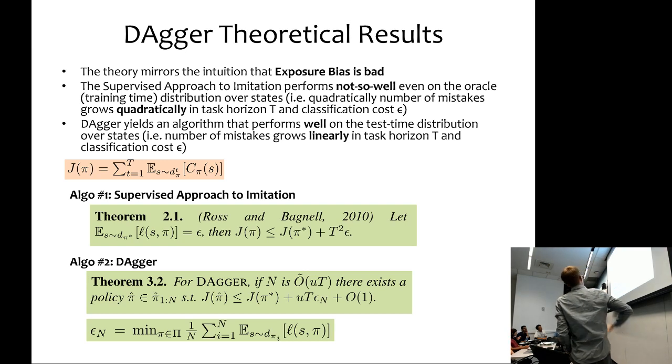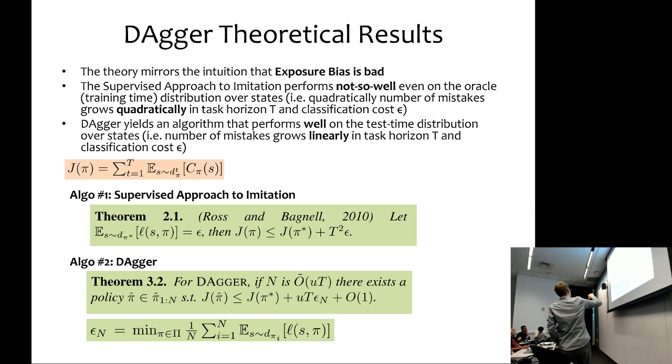By okay, we mean that the number of mistakes grows quadratically with the length of the decision sequences, the length of the paths, let's call that T, and the overall classification error that we see on our training data.